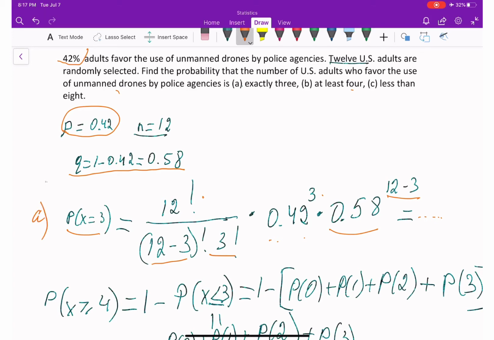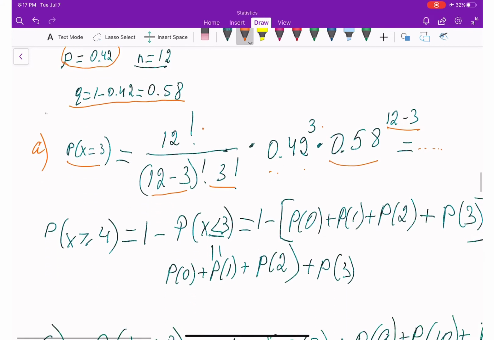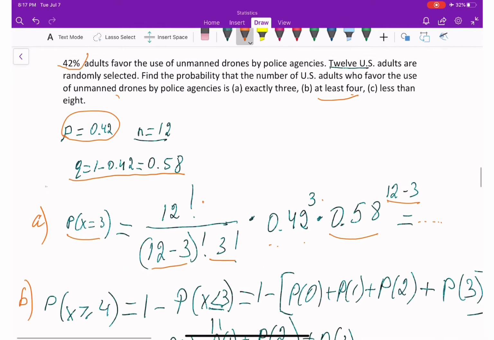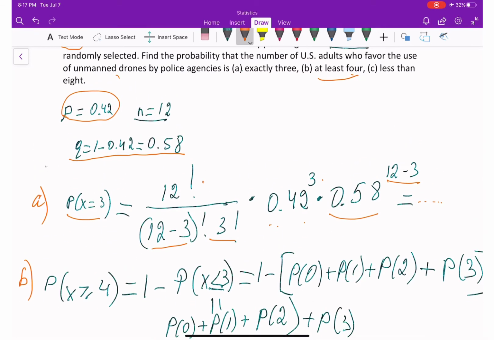Next, B, at least 4. Since our total is 12, at least 4 is going to be 4, 5, 6, 7, 8, 9, 10, 11, 12.